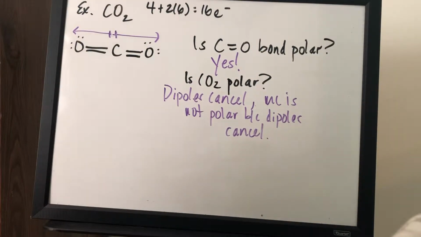So if you have a case where all your dipoles or all your arrows cancel out, the molecule is nonpolar, but it can still have polar bonds. So this is an interesting discussion in the difference between bond polarity and molecule polarity, and there's a huge difference, and we have to be sure we're talking about the same thing. Okay, so let me erase this, and we'll go on.